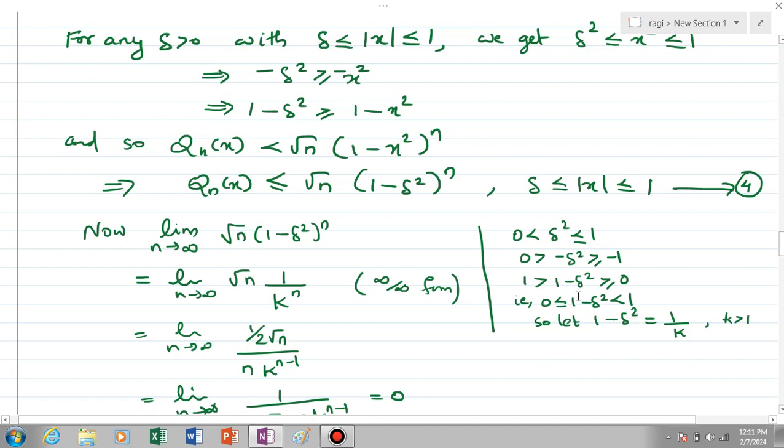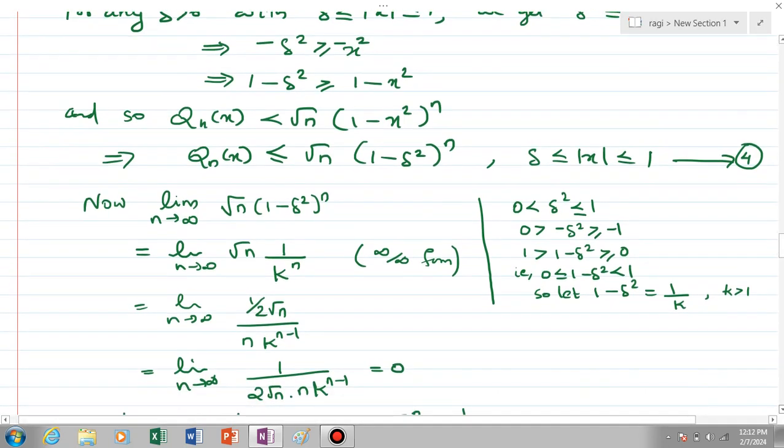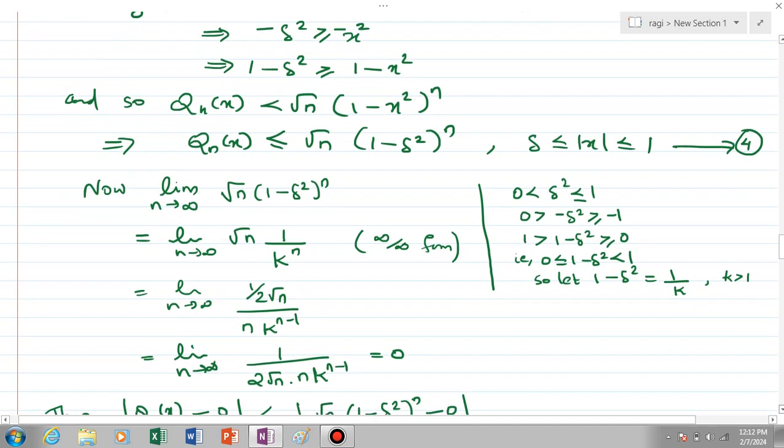So 1 minus delta square is a quantity which is less than 1. So we can take 1 minus delta square equal to 1 by k, where k is a quantity greater than 1. Substituting this and applying L'Hopital's rule, we can see that the limit is equal to 0 as n tends to infinity.